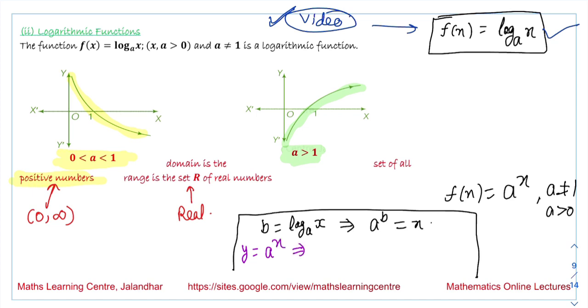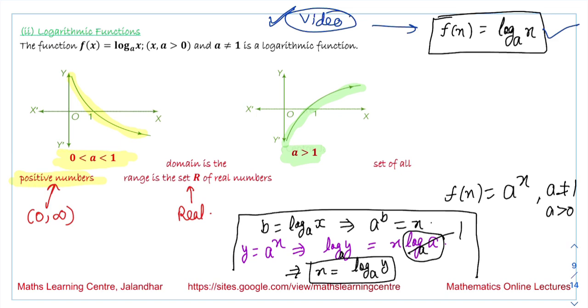So if we take log, we get log y is equal to x log a. Now if we take the base of this log to be a, we have log a to the base a equal to 1. So what we get is that x is equal to log y to the base a.